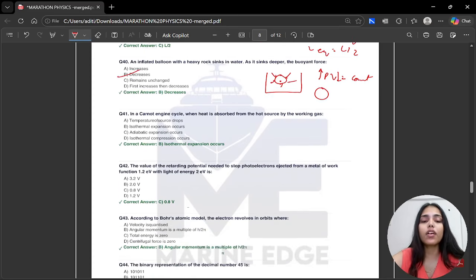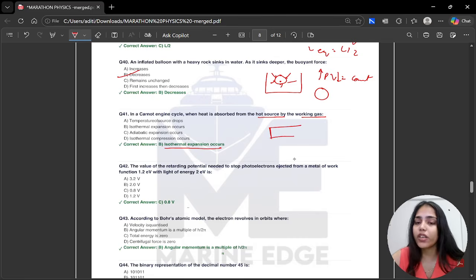Now, in a Carnot cycle, when heat is absorbed from a hot source by the working gas, what happens? This process will include isothermal expansion. Let's say that we have a piston, for a random example. This piston is expanding gas.